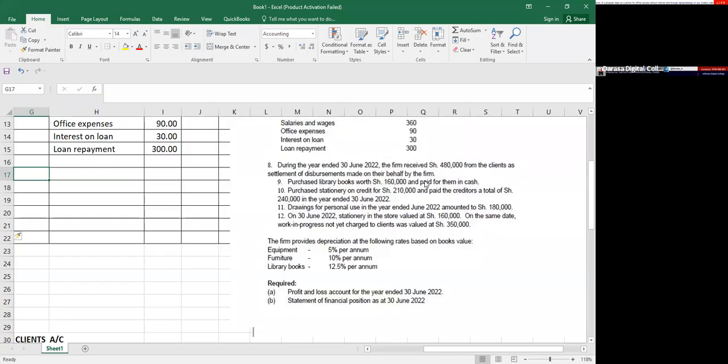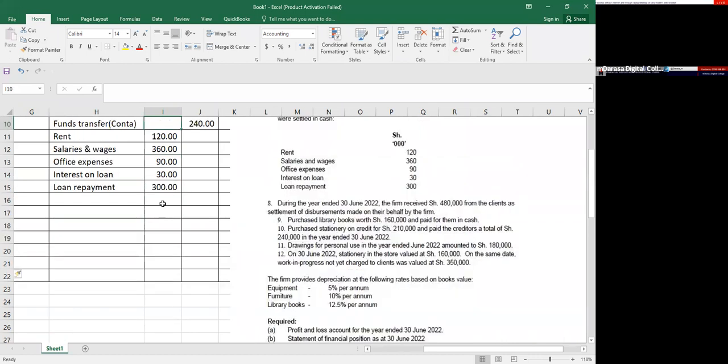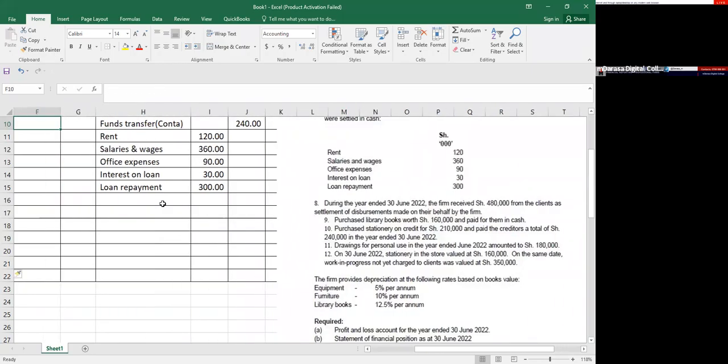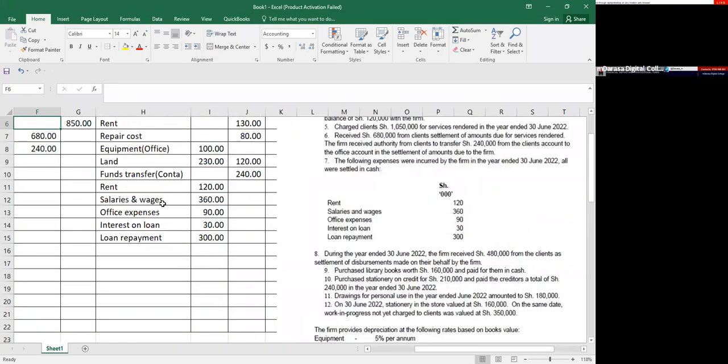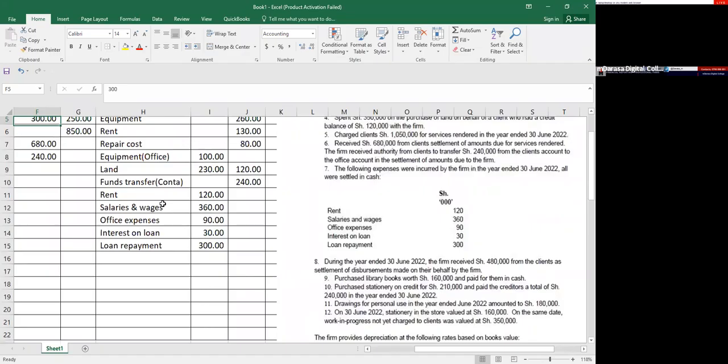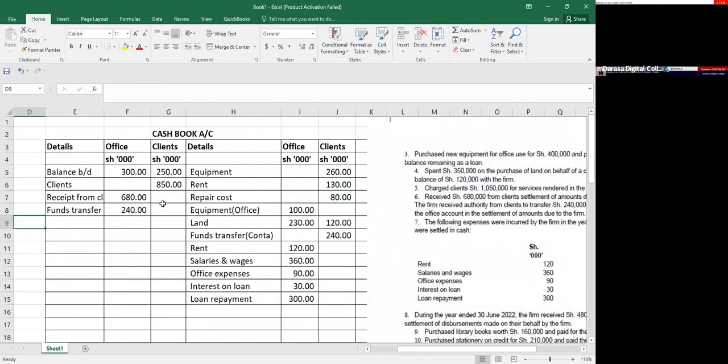So client's account. In this case, we're going to consider, of course, our cash book. We debit our cash book office account and we credit our client's account, that is, of course, office column. These are basically client's account.